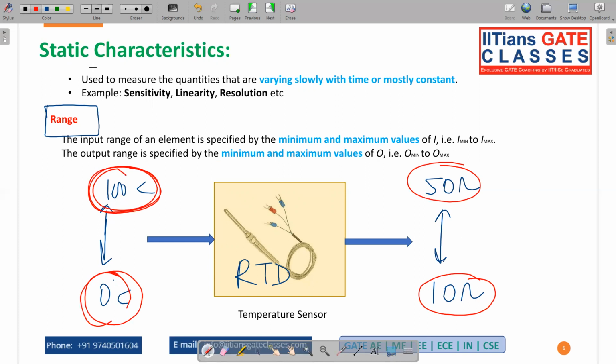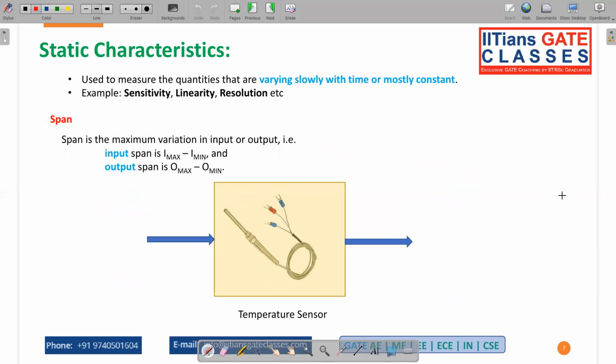The definition: the input range of an element is specified by the minimum and maximum value of input, that is I min to I max. You can plot this side as I and this side as O, with I min and I max on one axis, and O min and O max on the other.